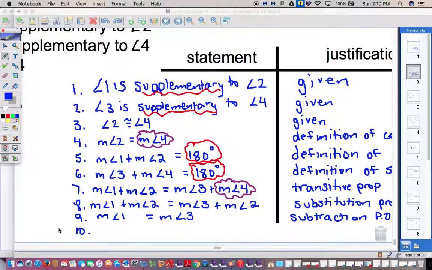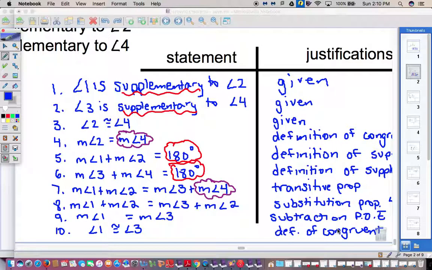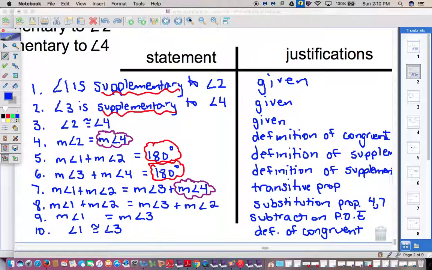So by definition of congruent, we can say that angle 1 is congruent to angle 3. Let me zoom out a little bit.